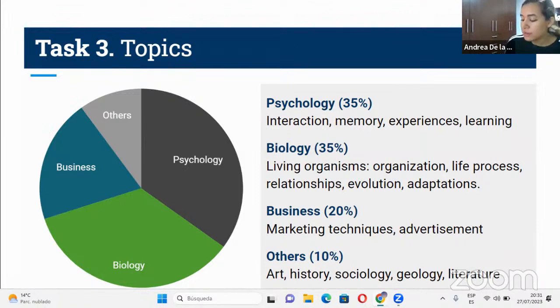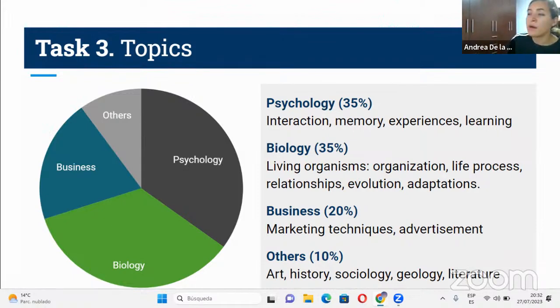For biology, it's never going to be human biology, don't worry. So it won't be very complicated. You don't have to have any vocabulary on human anatomy or anything. But what you will have in biology is basically animals and plants.